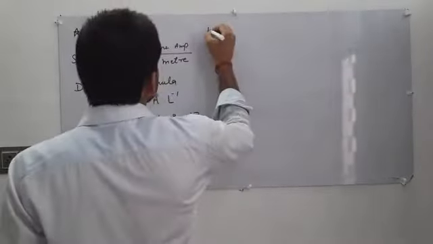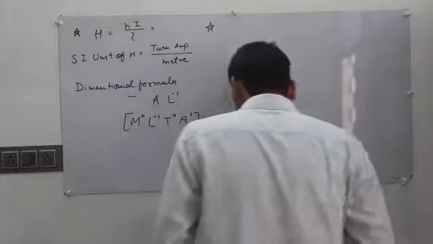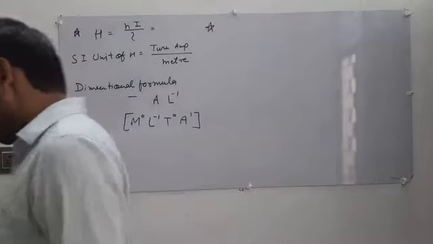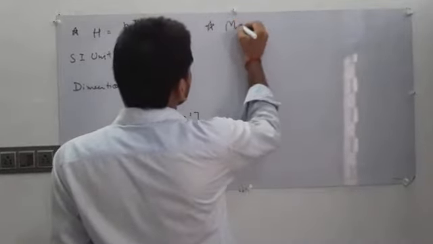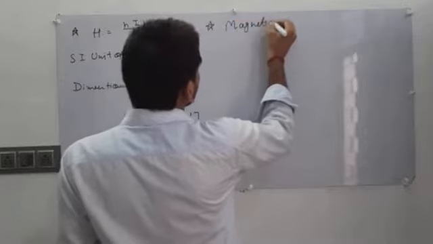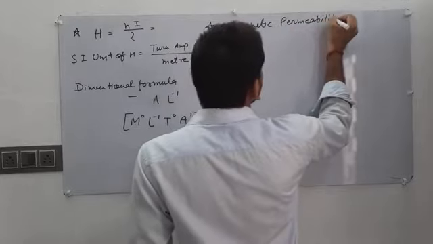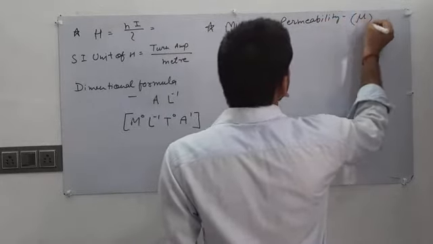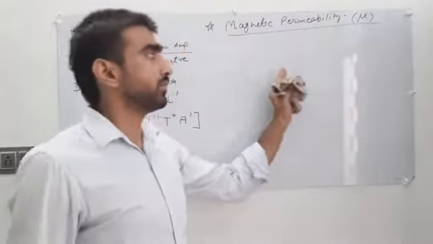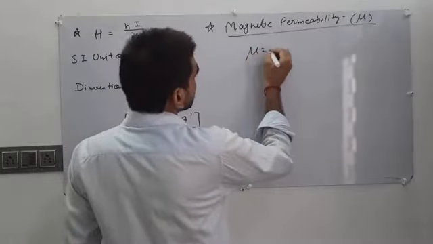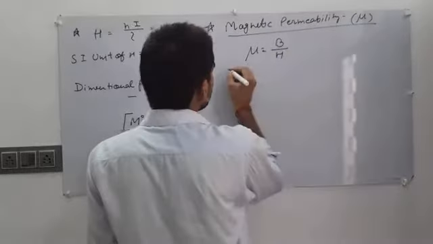Now the second thing is magnetic permeability, that means mu. The relation of mu with H and magnetic field B is that mu equals B upon H. So what is the SI unit of mu?